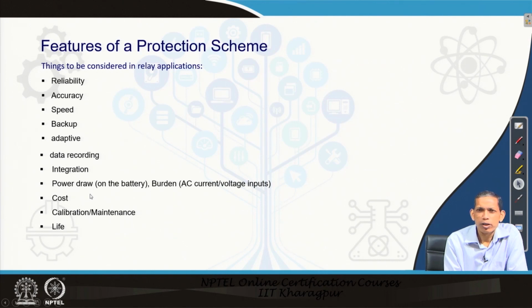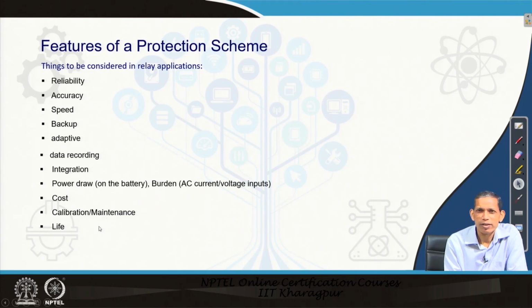As compared to the power system cost, the cost of the protection scheme is a concern from the implementation point of view. Relay engineers are also concerned about maintenance of such a protection scheme, calibration, setting aspects. It should be as simple as possible.